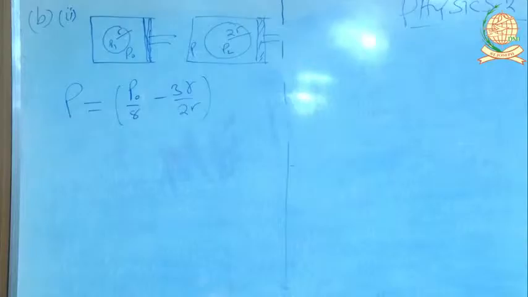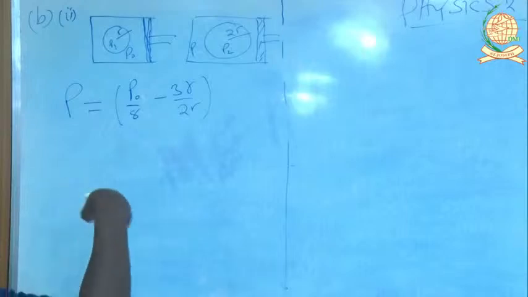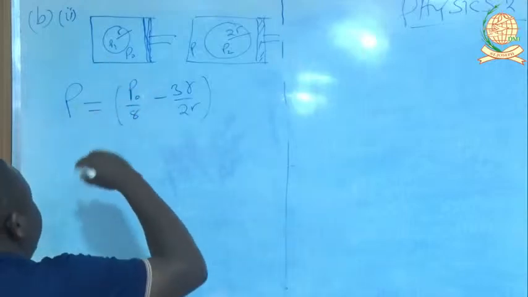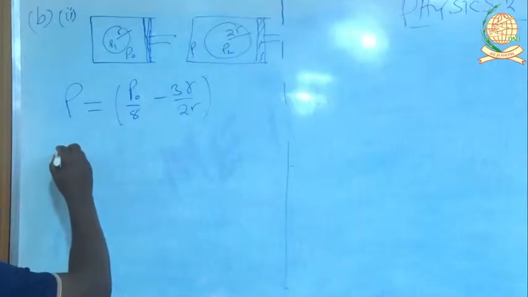From the information of the question, the piston was slowly drawn out. That means without causing a rise in temperature. So this is the isothermal condition.